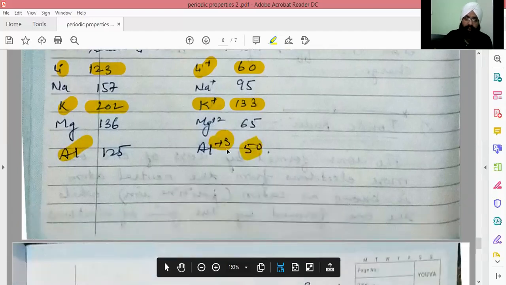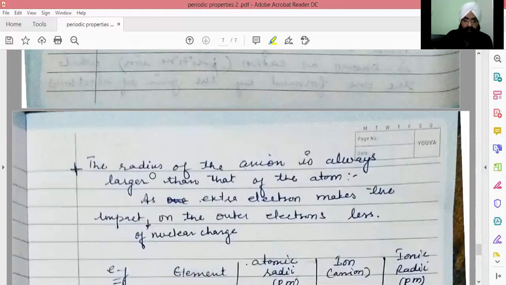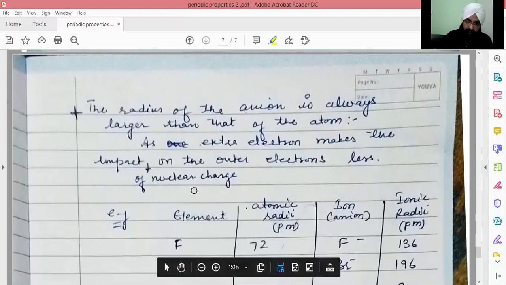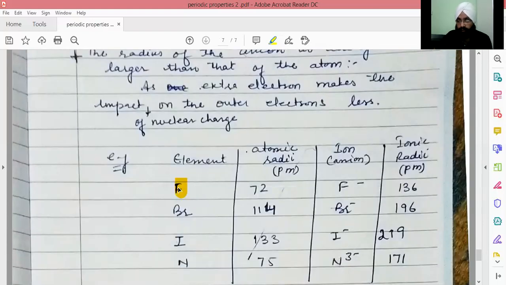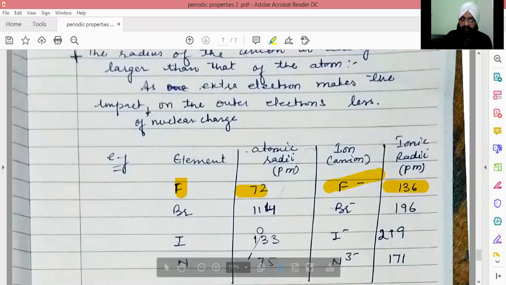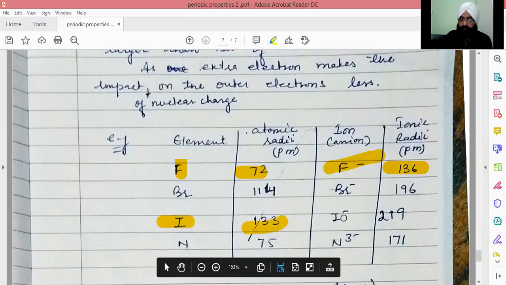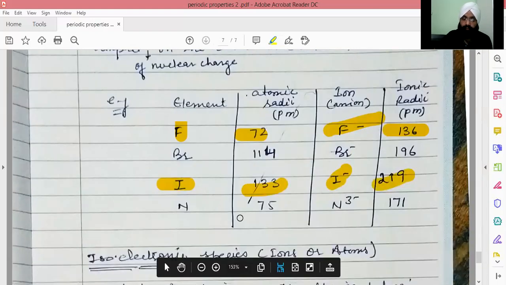Aluminium plus 3 is only 50 picometer. The radius of an anion is always larger than the parent. The same is the reason: effective nuclear charge decreases because of the extra electron. So fluorine 72 picometer, fluoride 136, iodine 133, iodide 219.